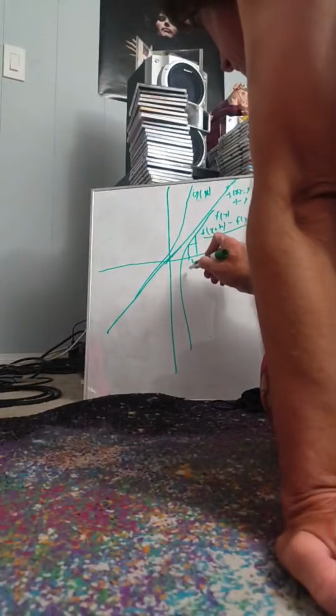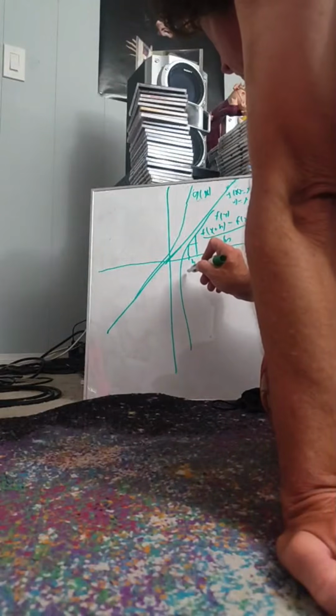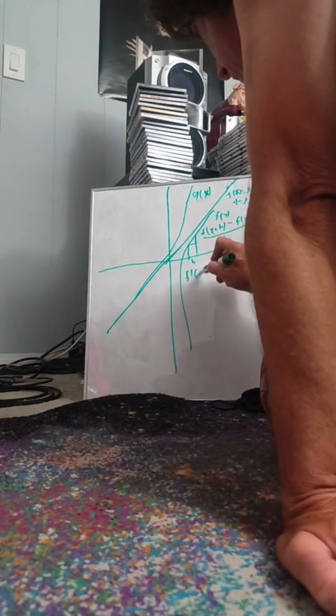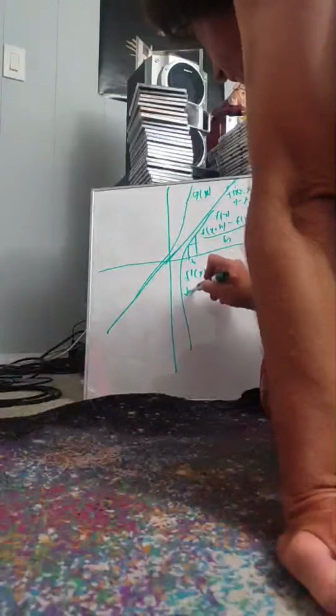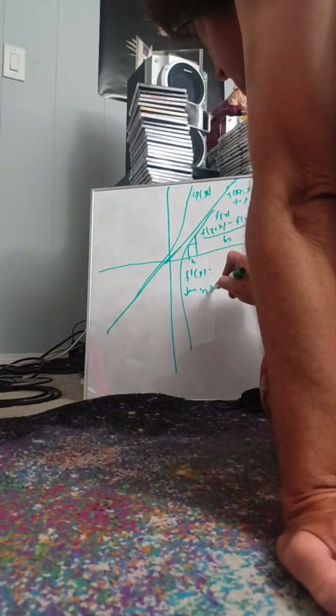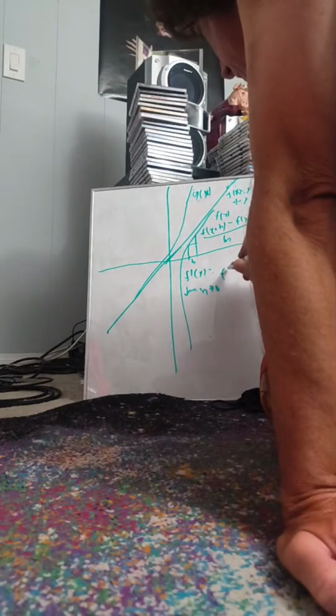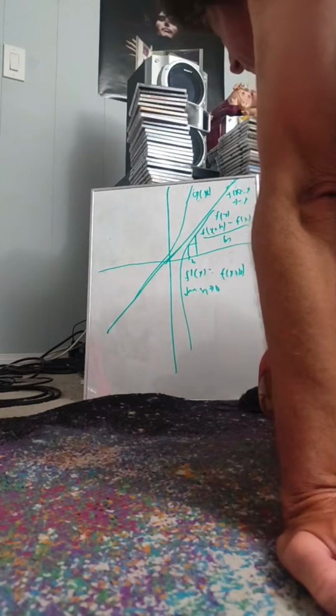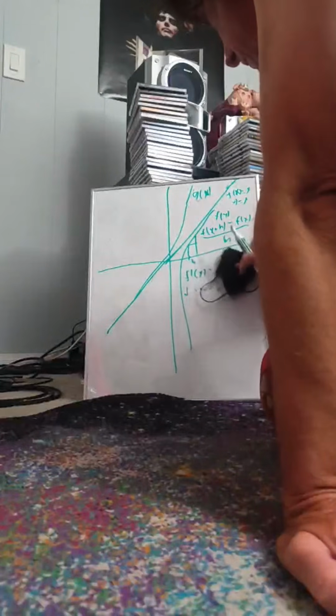So the derivative f prime of x equals the limit as h approaches 0 of f of x plus h. Jesus. I'm going to start over because I don't have room to write it here.